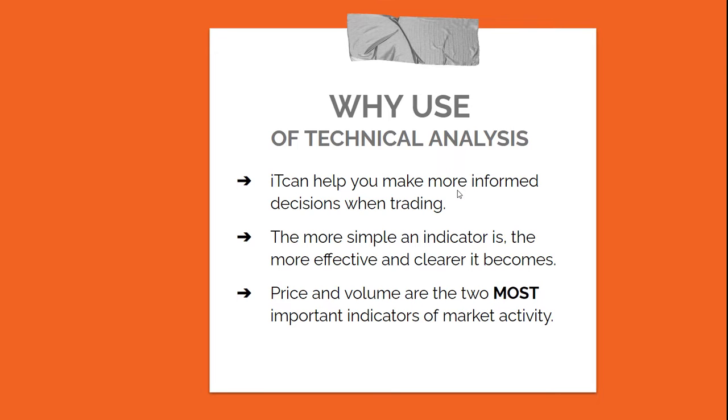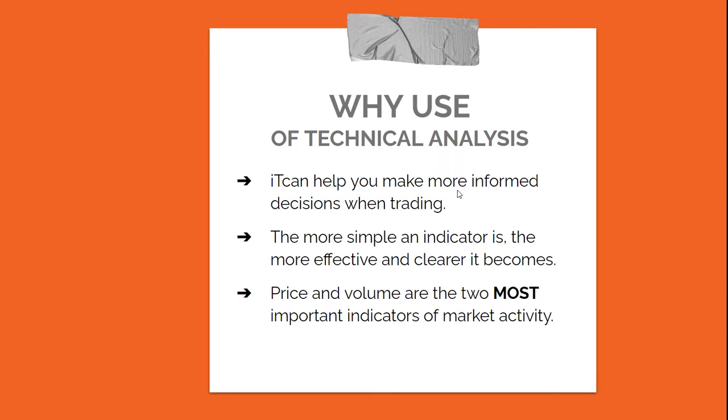And the simpler an indicator is, the more effective and clearer it becomes. So if you have knowledge of technical analysis, you can find the simple indicators so that they are effective and clearer to you to make an informed decision whether to trade or to invest.